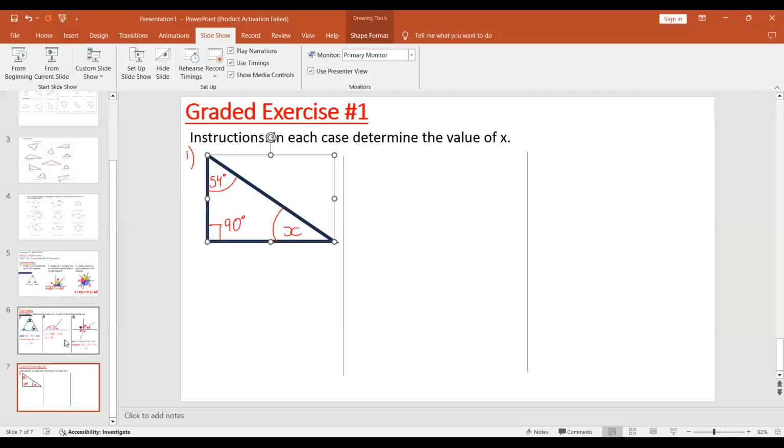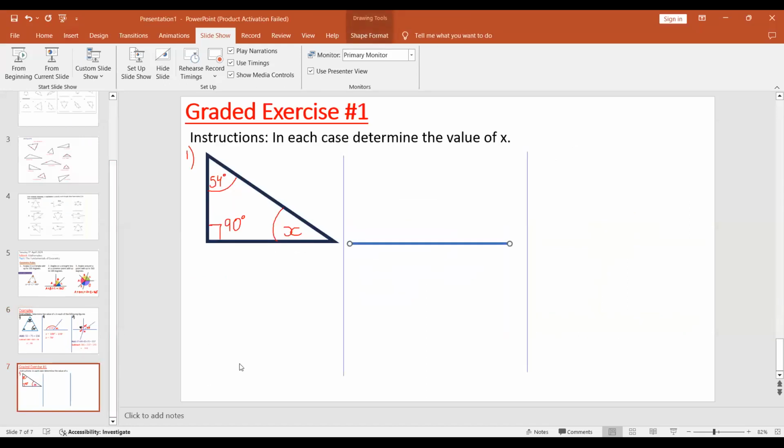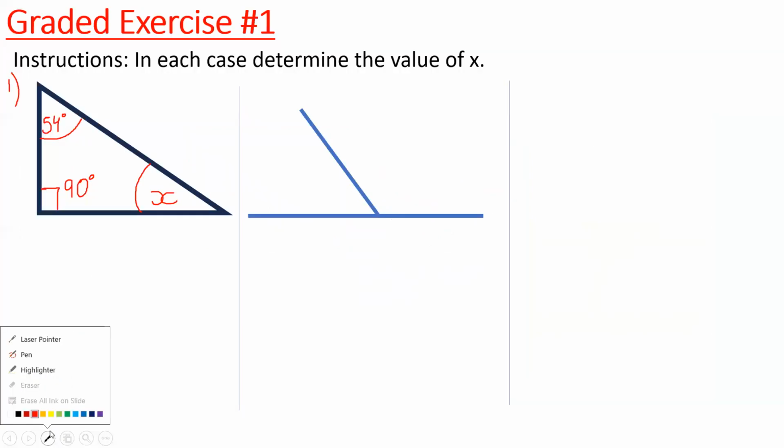Right, next up we have number 2. Again, we have to determine the value of X. This one is 121 degrees.